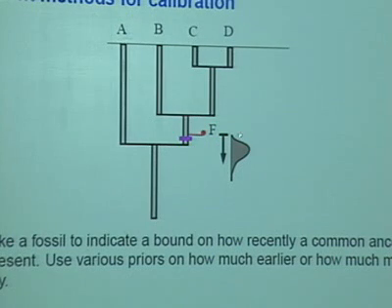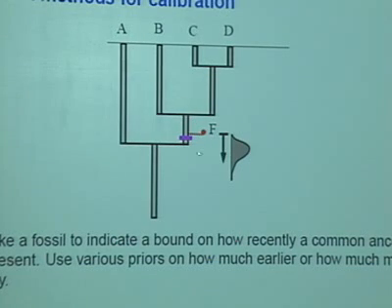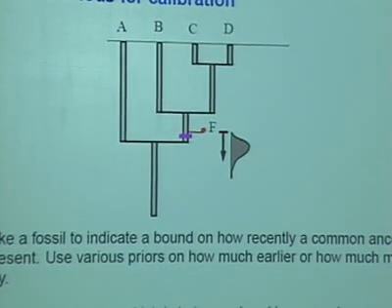And people have started using Bayesian methods and putting priors on how far down you have to go, how old that lineage was before it came out of this lineage that you got from the present-day species.